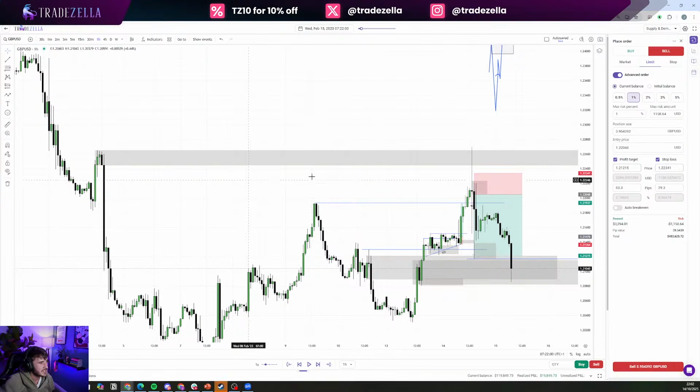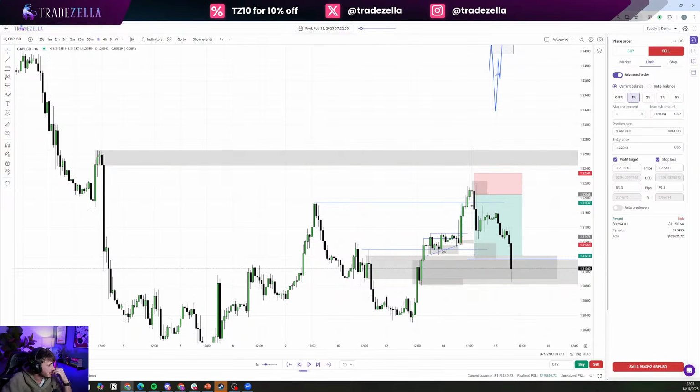In this case, we have this area of supply, and we would look at a footprint chart for all of our standard confirmations, for example a shift in the delta, a zero print, that kind of thing. I'm not actually an order flow trader, but Newman is. But these are your key POIs, your key areas of interest, and then you look for your entries on a footprint chart or Bookmap or whatever it may be.